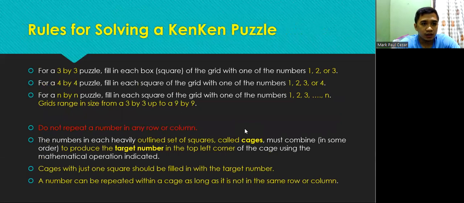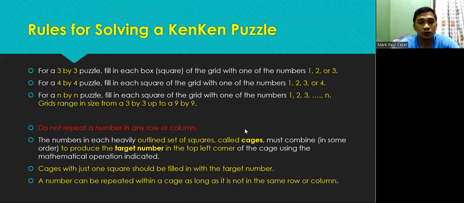So let's study the rules for solving a KENKEN puzzle. For a 3x3 puzzle, fill in each box of the grid with one of the numbers 1, 2, or 3. For a 4x4 puzzle, fill in each square of the grid with one of the numbers 1, 2, 3, or 4. Therefore, for an n by n puzzle, fill in each square of the grid with one of the numbers 1, 2, 3 up to n.